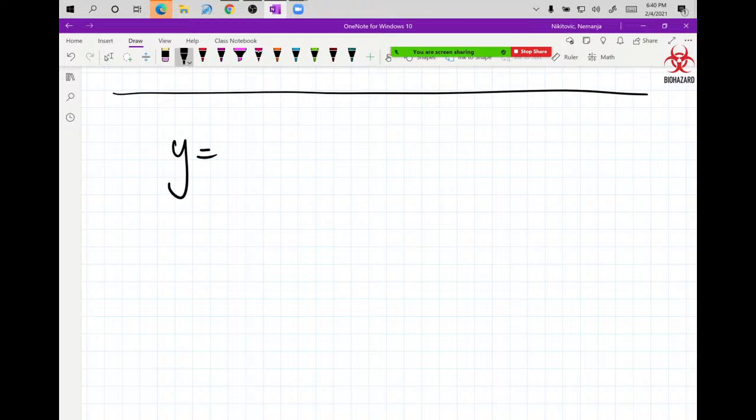So y equals 3 times (x minus 1) squared plus 4. The vanilla function is x squared. Now we all see x minus 1. So what kind of transformation is this negative 1, going all the way back to 1.6?